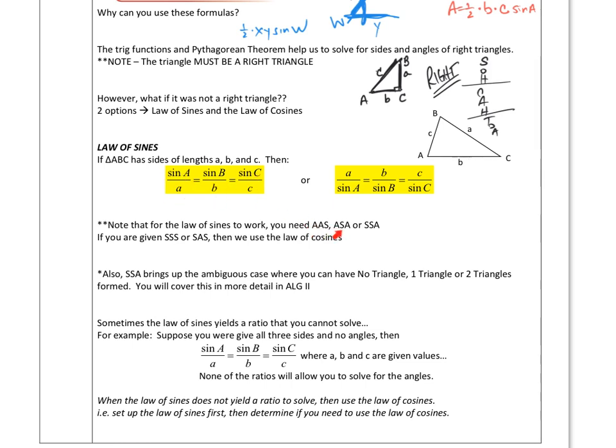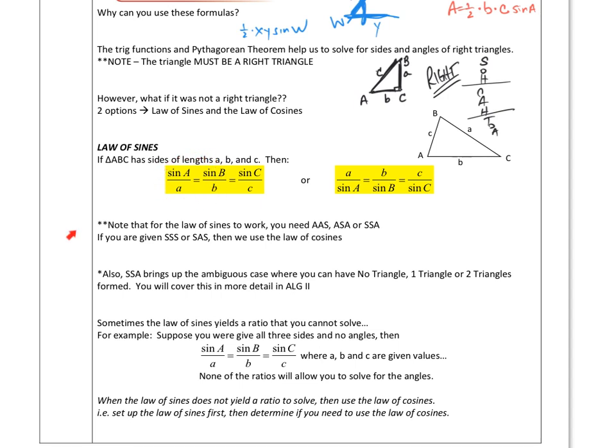Suppose I had angle, side, angle. Okay, if I had that situation, I could set up a ratio because then I can solve for the third angle. Side, side, angle. Two sides and one of the angles. I can solve this ratio.